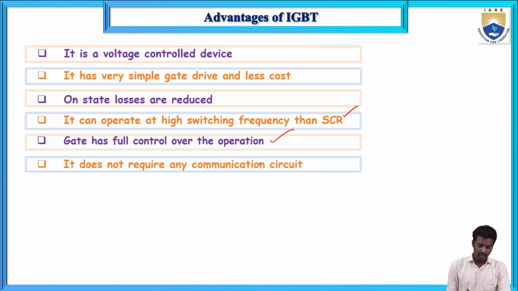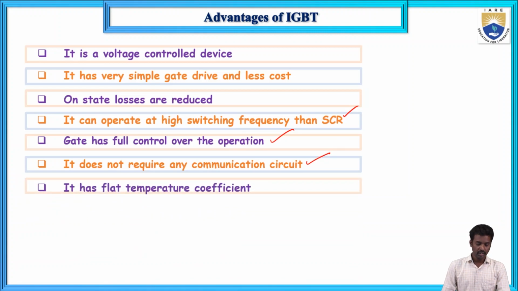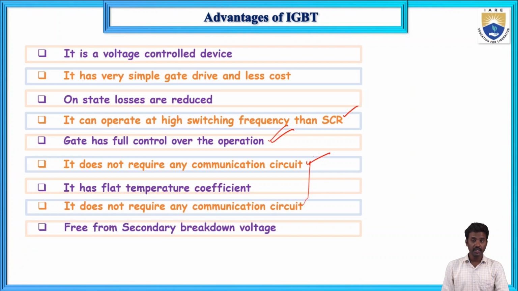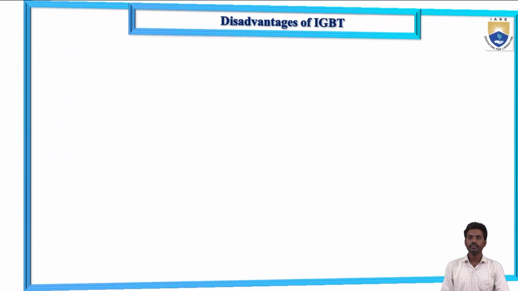It does not require any commutation circuit, which means it is a fully controlled device, and it has a flat temperature coefficient. It does not require any external circuit. And next, it is free from secondary breakdown.